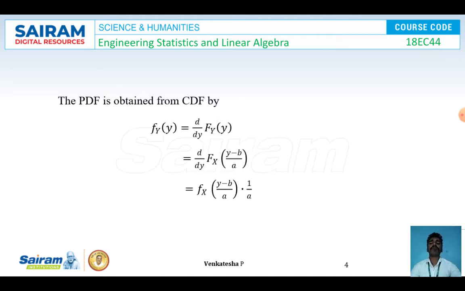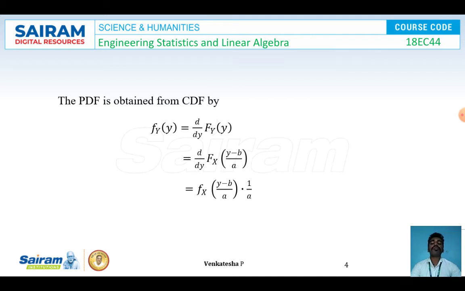Okay, now how to get the PDF of the transformation equation y is equal to ax plus b. This PDF can be obtained from the CDF equation. That is, we already know that the PDF can be obtained by differentiating the CDF equation. So the same thing I'm going to do here also. That is, the density function fy of y is equal to d by dy of Fy of y, that is the CDF function.